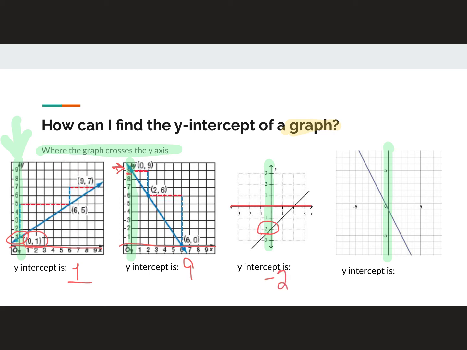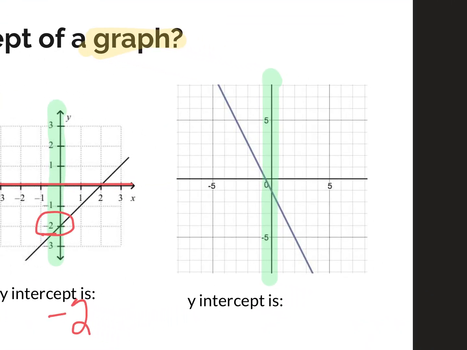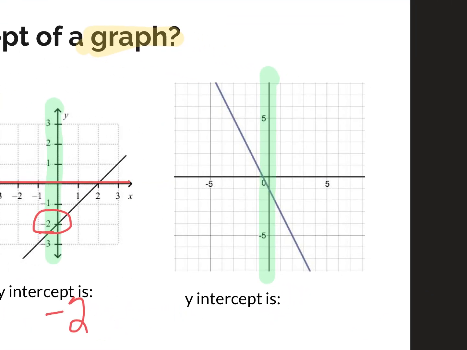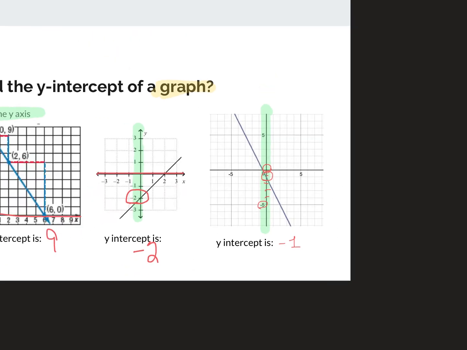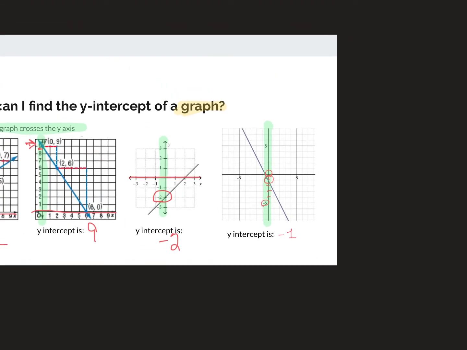And then this last one, I'm going to make it a little bigger so we can see it. You can see it's crossing at -1. I know because this is -5, 4, 3, 2, 1. So that this one crosses at -1. The point where they come together is 0, 0, or our origin. Not too hard so far. Oops, sorry. Let me undo that.